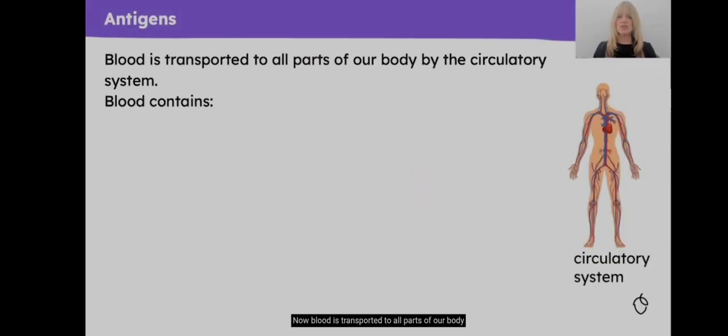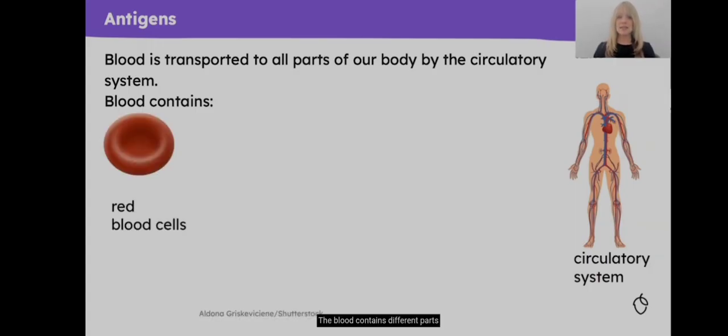Now, blood is transported to all parts of our body by the circulatory system. Remember that the circulatory system is made up of our heart and also all those blood vessels, so arteries, veins and capillaries. And that blood travels round our circulatory system in order to deliver oxygen and also to take away waste, things like carbon dioxide.